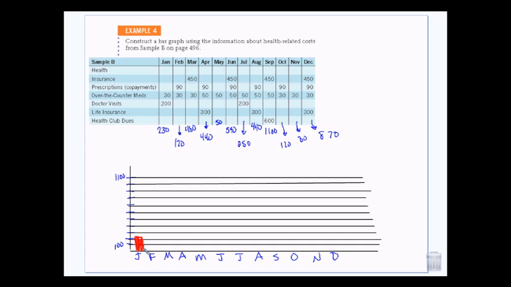February 120, so just above 100. March 480, so almost to 5. You get the idea, yeah? April 440, so just under March.